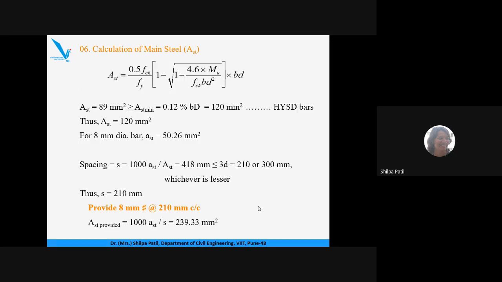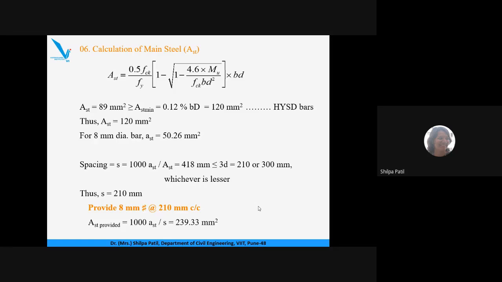Actually, for whatever AST is provided, we should calculate the percentage steel, and that percentage steel should be checked against the balanced or critical percentage steel. That step is required. Practically, we definitely do it. But as a design step, the theoretical part, when you refer to any textbook for design purposes, or even the IS code, that particular step is not provided.